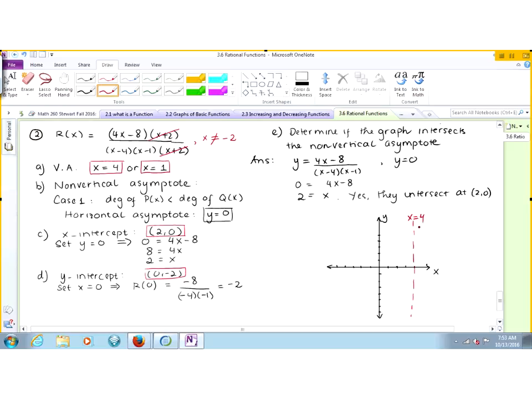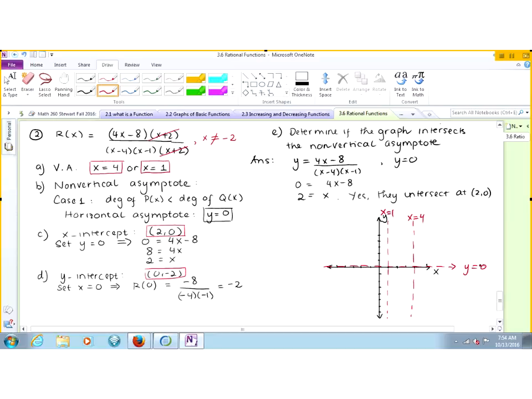And x equals 1. Okay. And then y equals 0 is this line. This is the horizontal asymptote. All right.